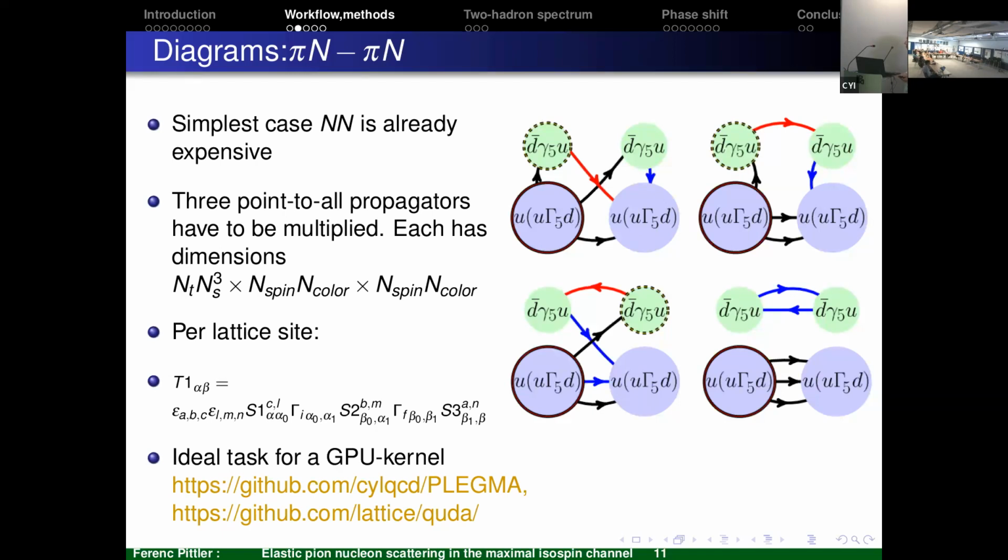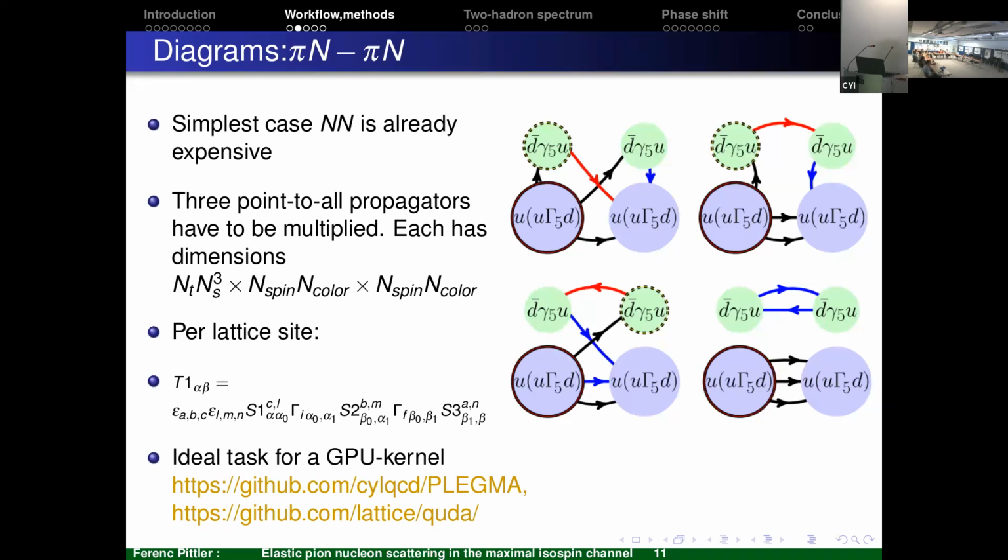But this also suggests that this is an ideal task for a GPU kernel. In the software package Plasma, developed by us, we do this kind of multiplication at the lattice site on the GPU itself, so it is quite fast.